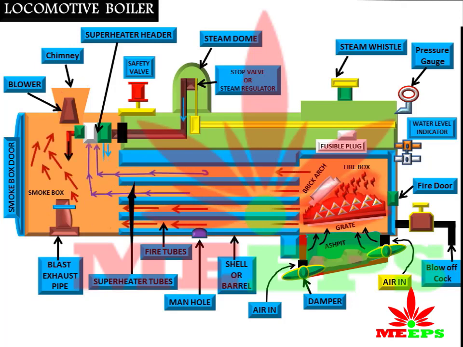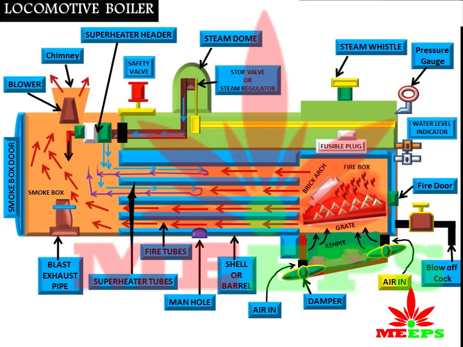But here are some disadvantages of the locomotive boiler. The first one is it is difficult to clean some water spaces. It has a large flat surface that needs brushing. It cannot carry high overload without being damaged by overheating.